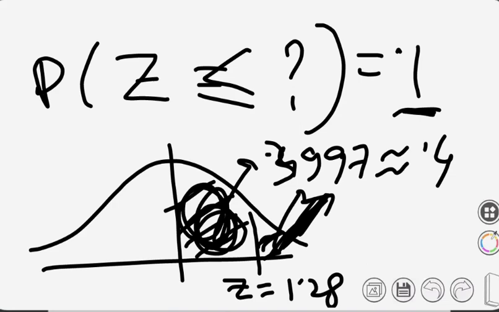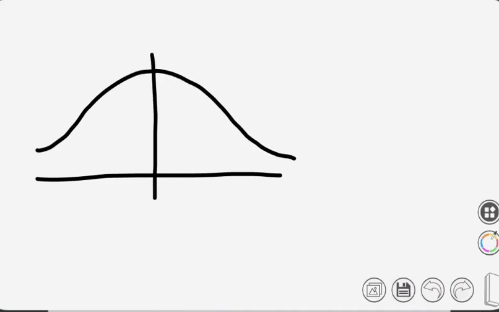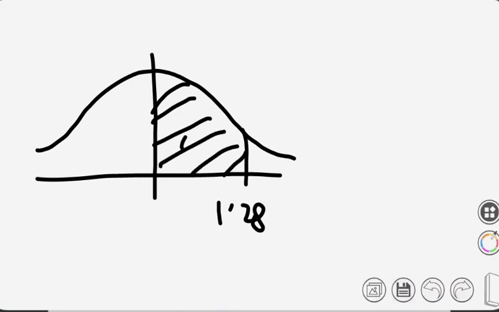Now, z less than or equal to, I said, so it should be the opposite, it should be like this, because this area, probability z greater than 1.28, is equal to 0.1. Have you followed? This is 1.28. From the table we have got this. So this is 0.4, that means this is 0.1.